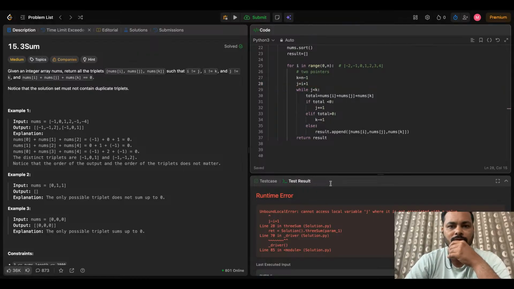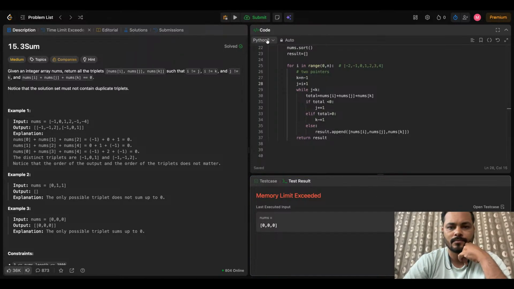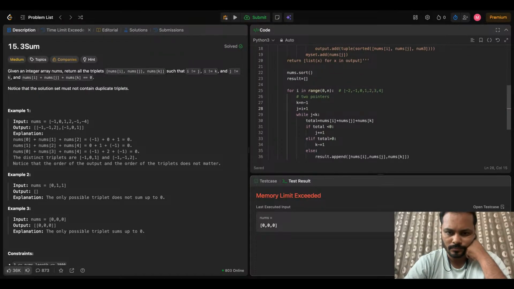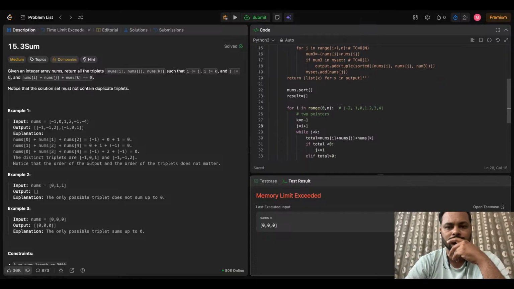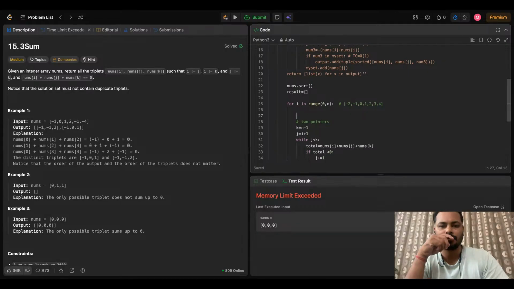So j equals. So I need to resolve the edge case also.